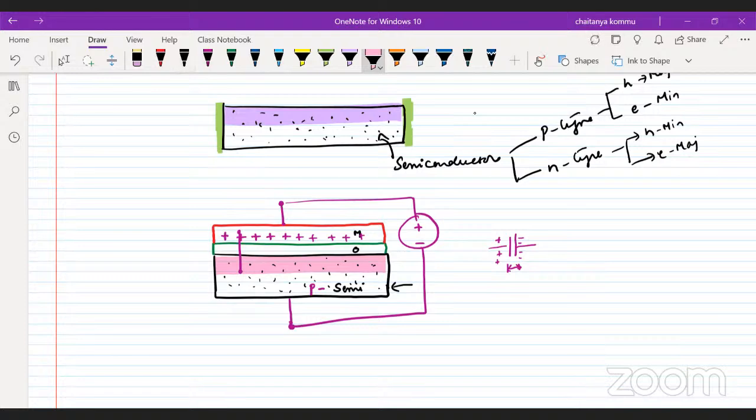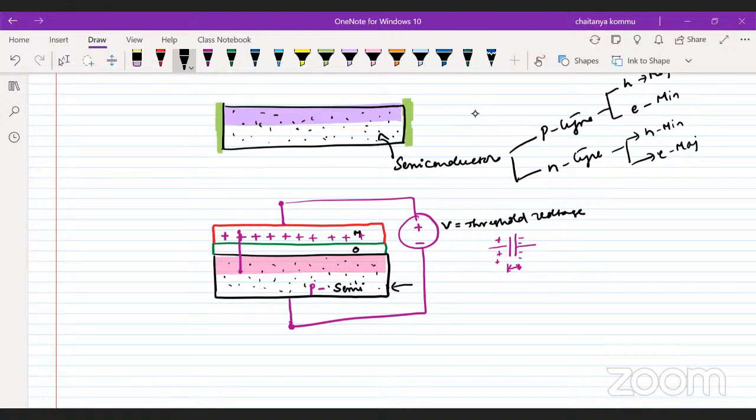The question is how much voltage we should apply here so that these minority carriers are attracted towards the surface. That voltage is called threshold voltage. Therefore, we have to apply some positive voltage, equal to the threshold voltage of a transistor.